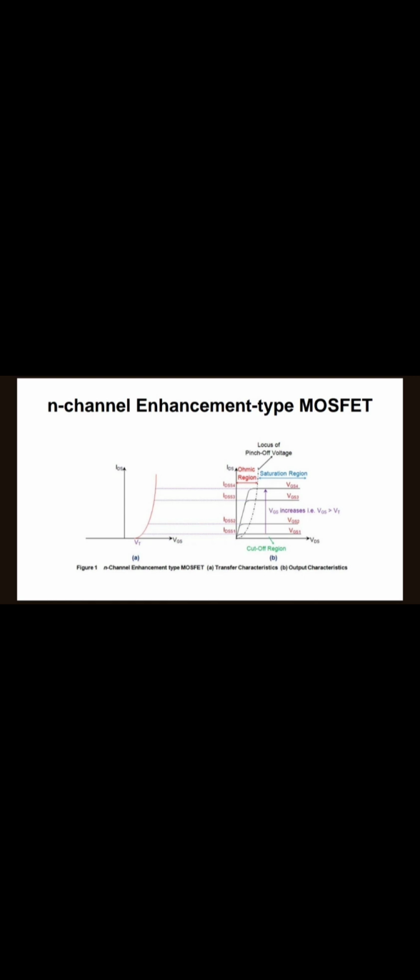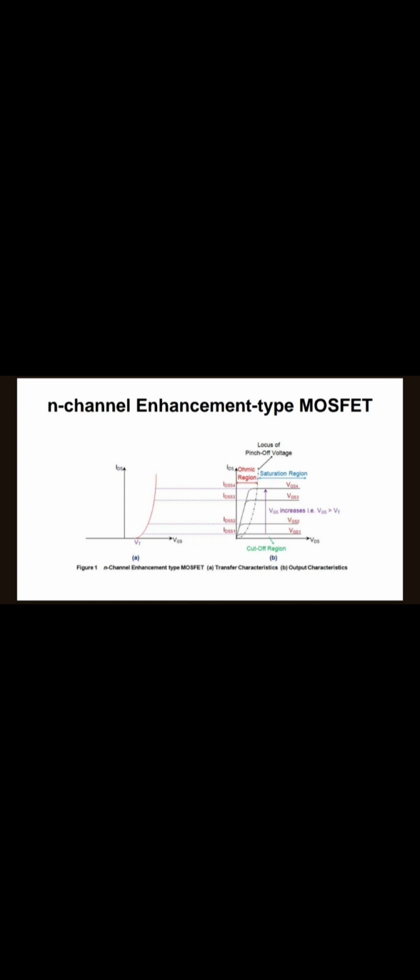So the positive potential at the gate increases the drain current. That's why it is called the enhancement mode N MOSFET.